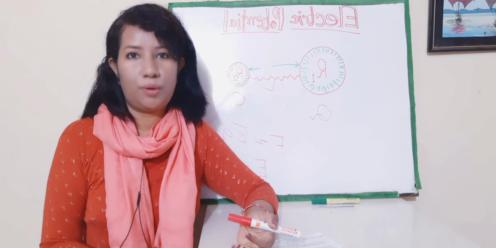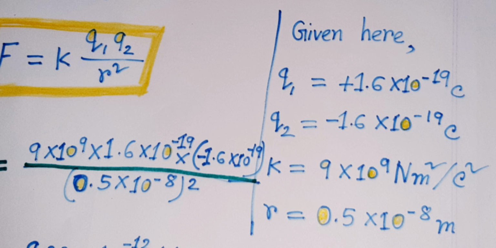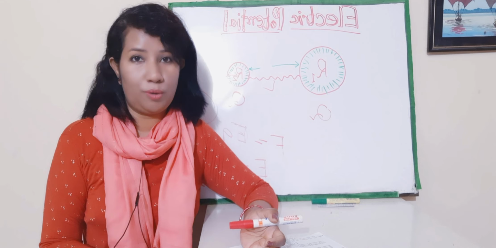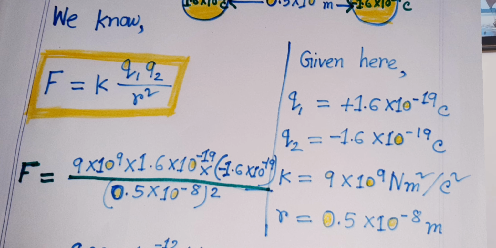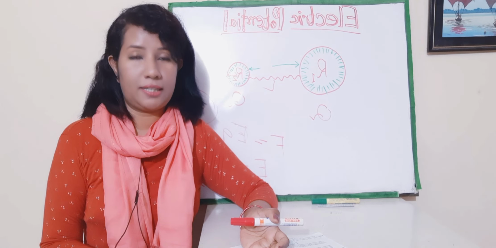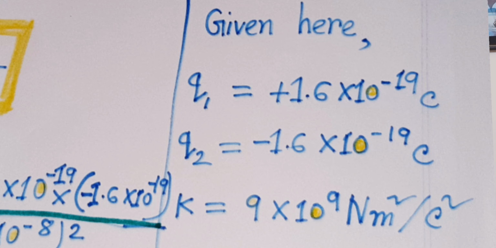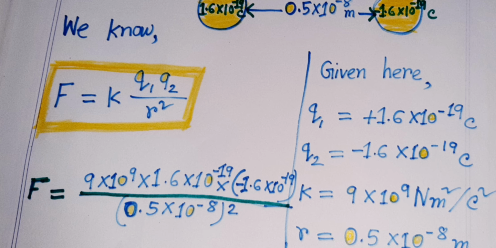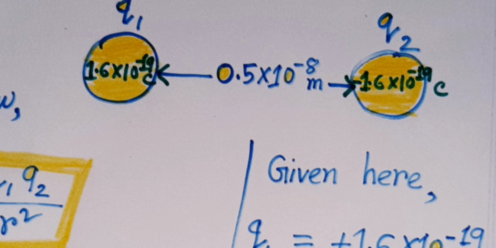We know q1 is positive 1.6 times 10 to the power minus 19 coulomb, and q2 is negative, minus 1.6 times 10 to the power minus 19 coulomb. K is a constant value, 9 times 10 to the power 9 newton meter square per coulomb square. And here is the distance r, which is 0.5 times 10 to the power minus 8 meter.